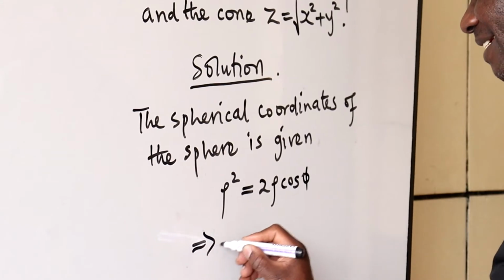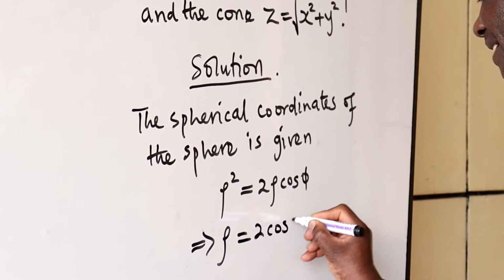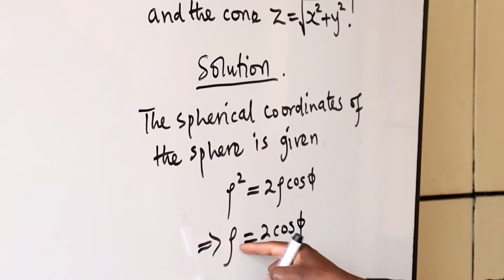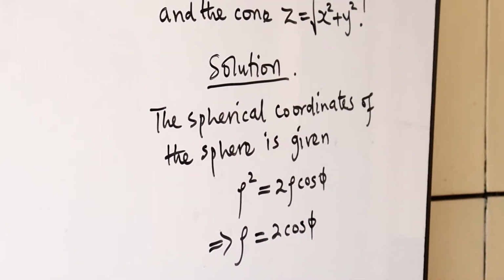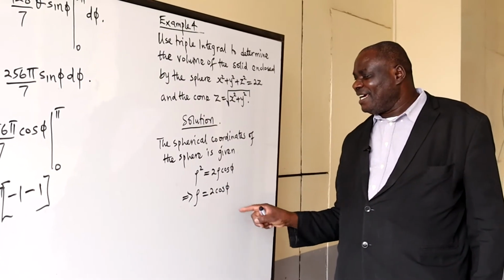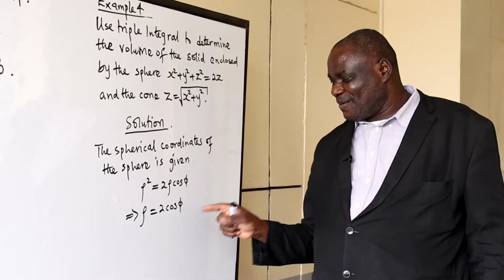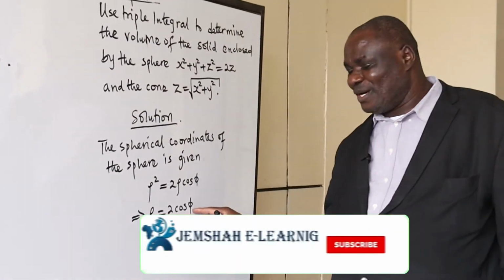This implies rho is equal to 2 cos phi. So our rho changes with the position of phi. So since our rho changes with the position of phi, we will be saying our rho is changing from 0 to 2 cos phi.